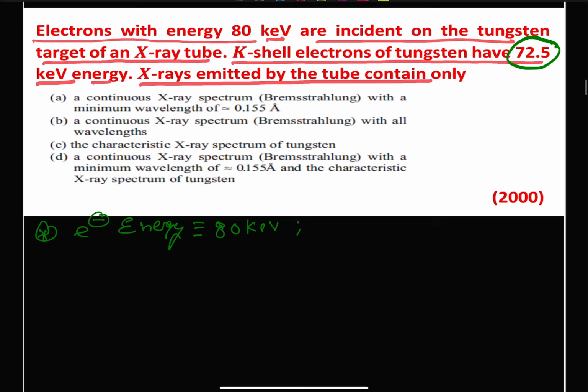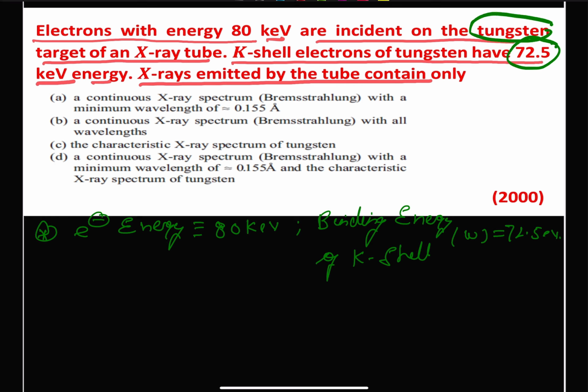So we can say binding energy of K shell, let us call this W, will be equal to 72.5 kilo electron volt. And as soon as electrons strike the target, which is made of tungsten, the X-rays are emitted.